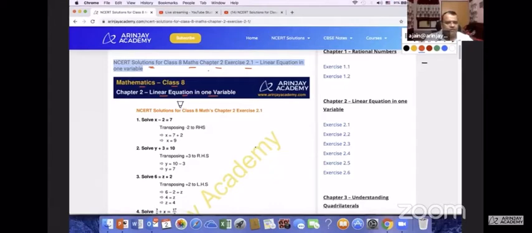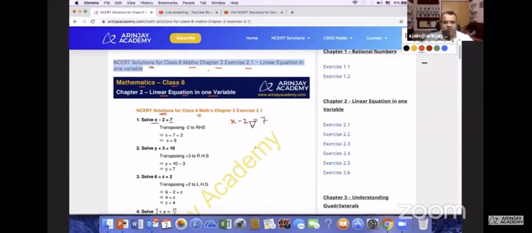So the first question which you have in this particular chapter is solve x minus 2 is equal to 7. While the answer is there on the left side, please try and focus on what I am writing.